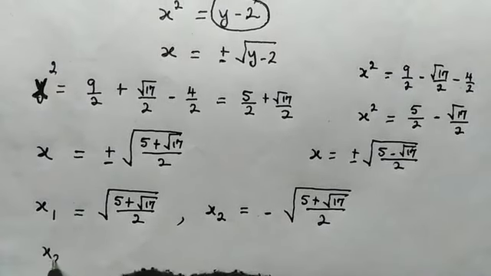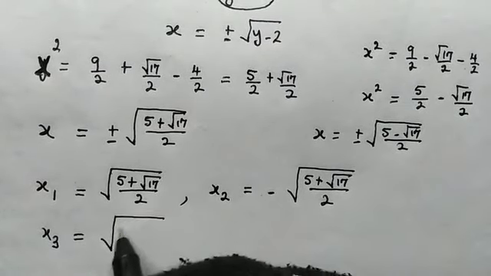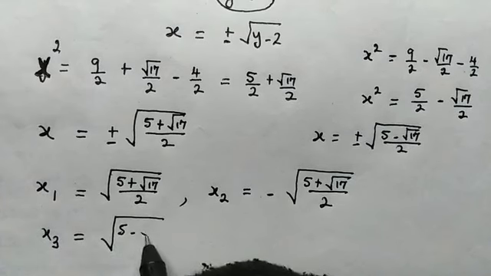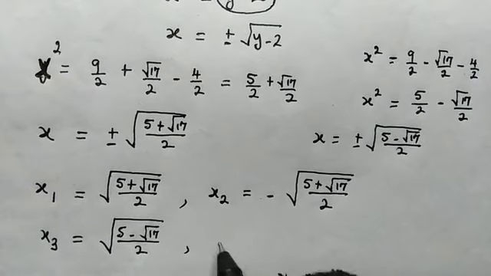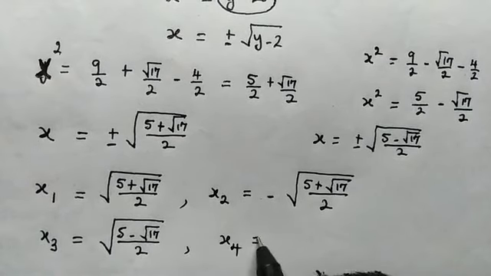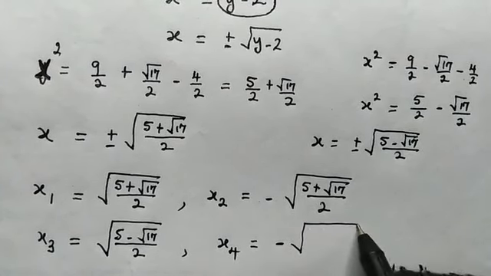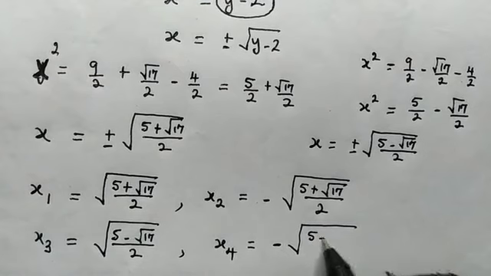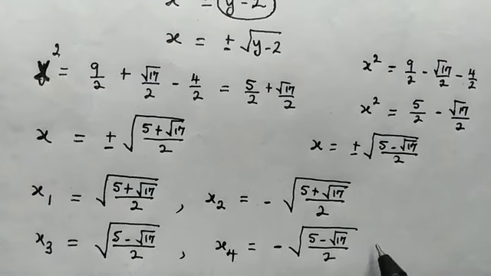We have x3 is equal to the square root of (5 minus root of 17) divided by 2. And finally, we have x4. So we have 4 solutions, right? x4 is equal to negative the square root of (5 minus root of 17) divided by 2.